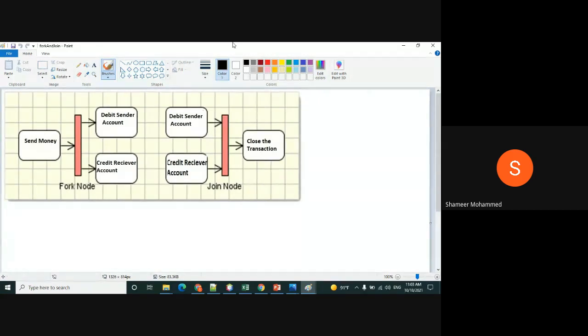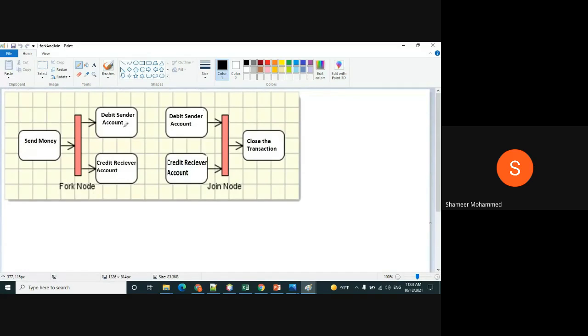One is debit the sender amount, and the second one is credit the receiver amount. After that, we have to close the transaction. So you combine these two tasks into a single task here. This is called merging. Initially you are dividing this task into two, which are running in parallel.